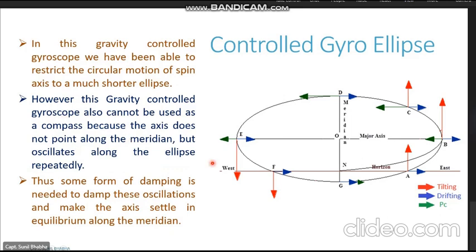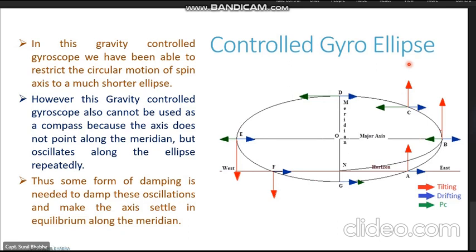Now the beauty of this elliptical motion is that when the spin axis is oscillating on this elliptical path, at any particular point, let us say the spin axis was at point Charlie, you try to disturb the spin axis. You apply an upward force, and you take the spin axis to this particular point where the laser pointer is right now, and you leave it here.